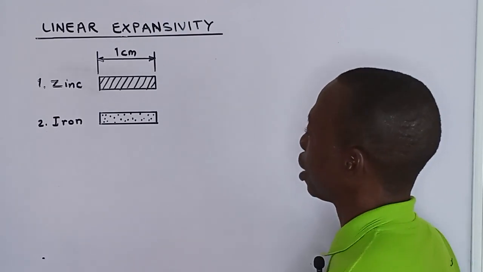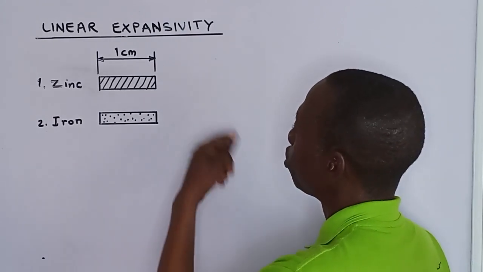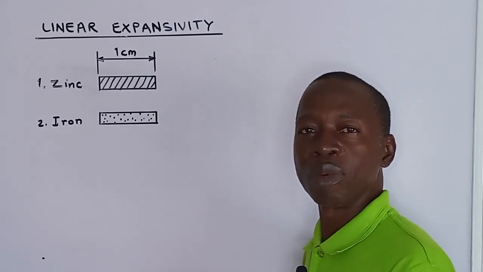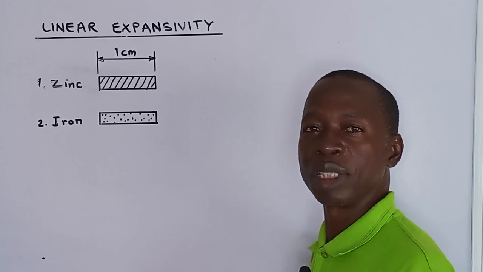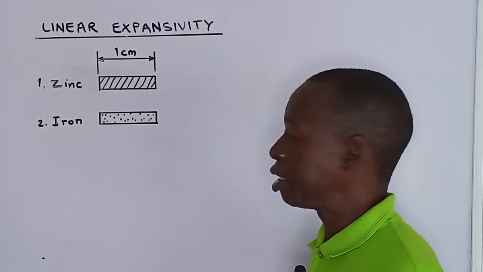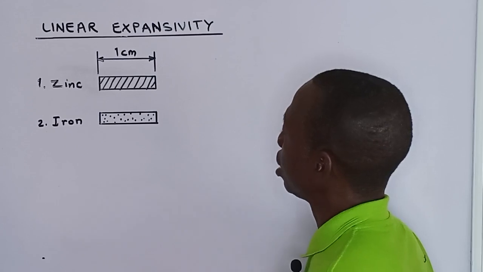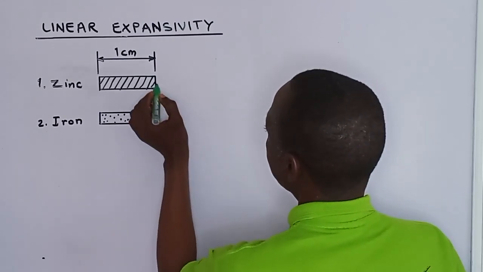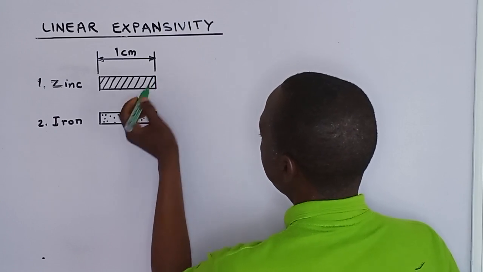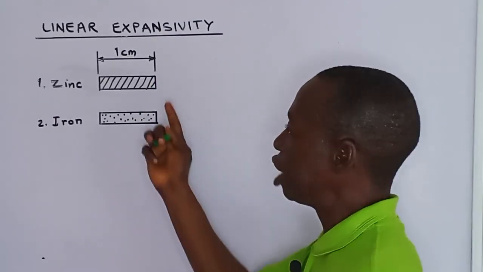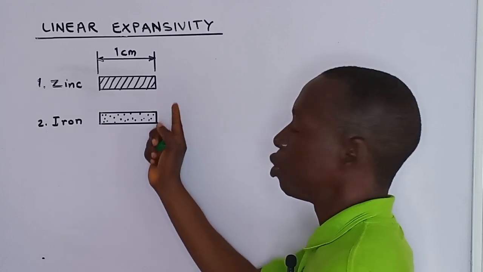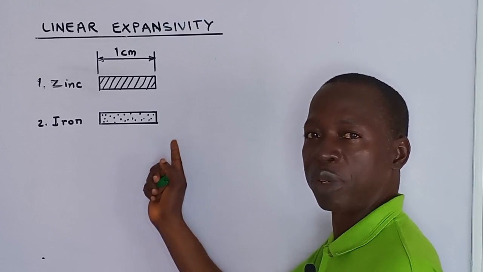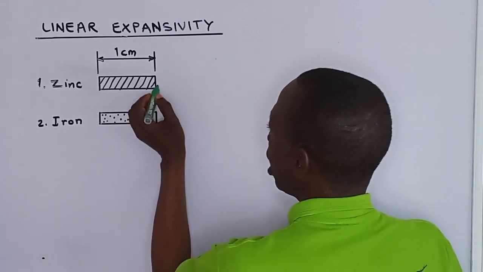So expansivity has to do with how each material expands when subjected to the same temperature rise. And that is exactly what we are going to be looking at this afternoon. So if, for example, I subject each of these materials to 1 degree Celsius rise or 1 Kelvin rise in temperature, zinc would expand more.